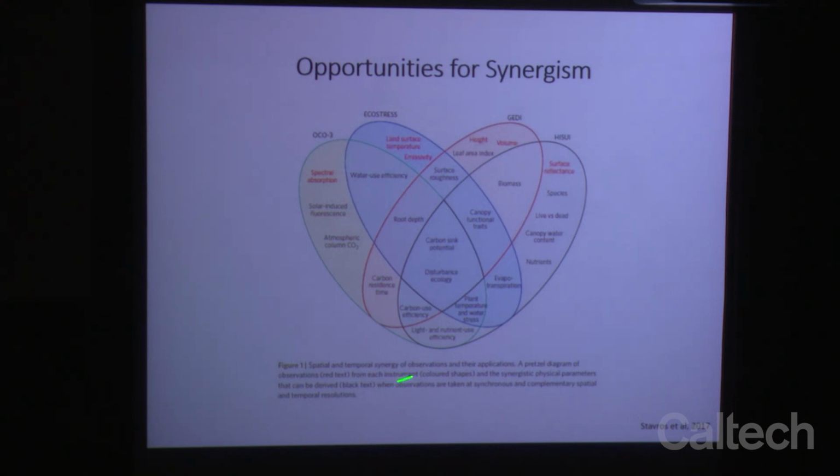Anyway, the primary measures from each of these instruments relate to a variety of retrievables, and there's significant synergism between these sensors that can be brought to bear in order to more fully characterize physiologic processes in the vegetation, which is really what I'm interested in getting at myself.